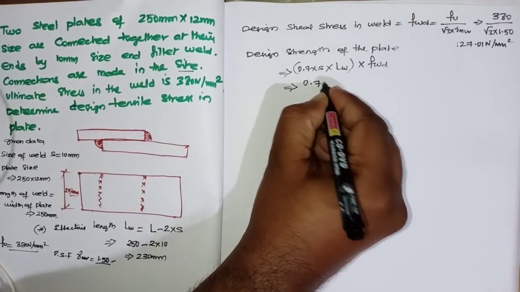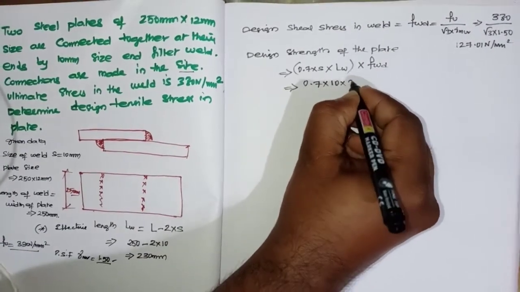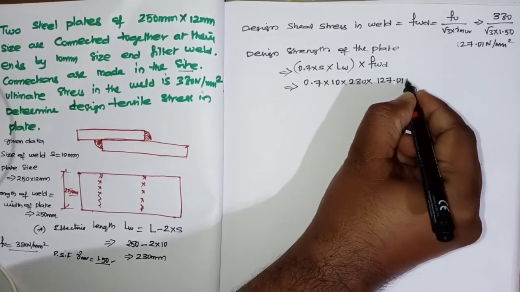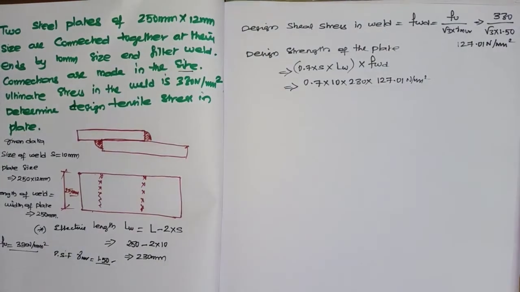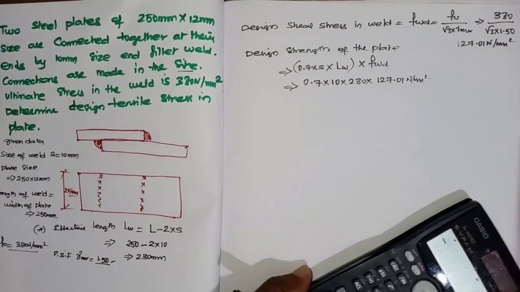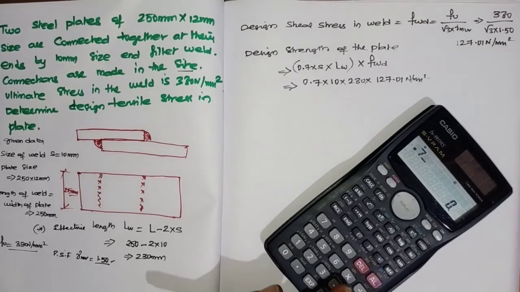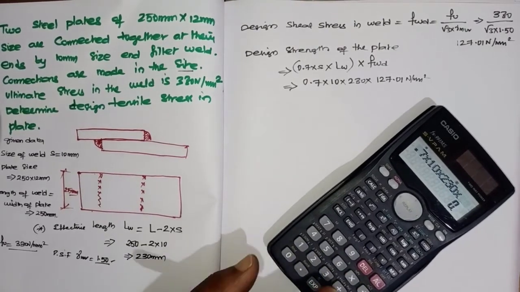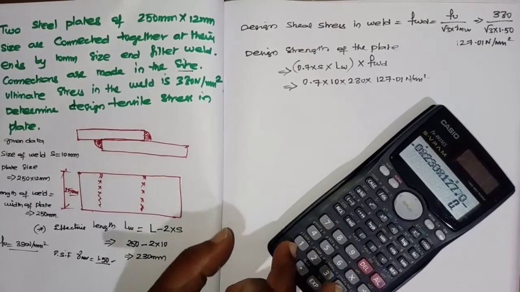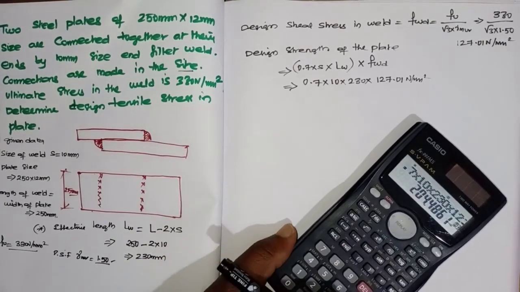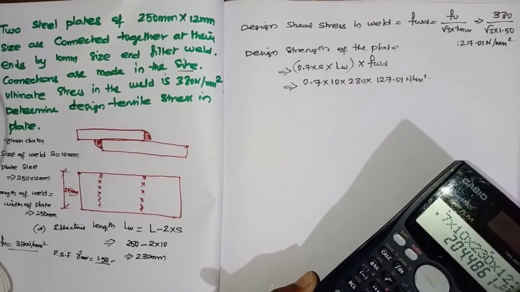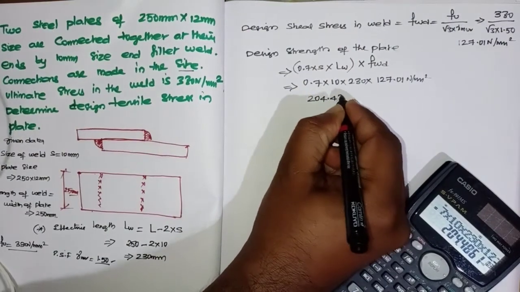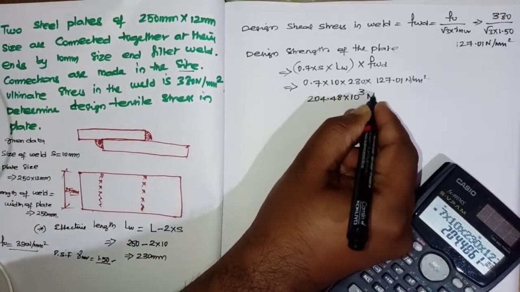So 0.7 into 10 into 230 into 127.01 Newton per mm square. 0.7 into 10 mm, the size of the weld, into 230 into 127.01. So how much do you get? 204.48 into 10 power 3 newtons.